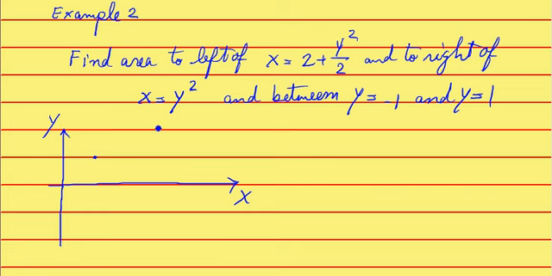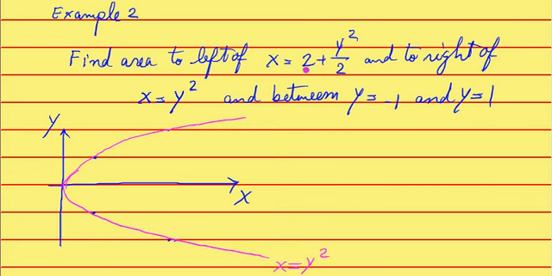When y is 2, x is equal to 4. When y is minus 1, x is 1. When y is minus 2, x is 4, and so on. So here is the picture of this: x is equal to y squared.